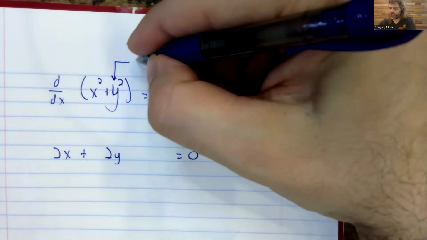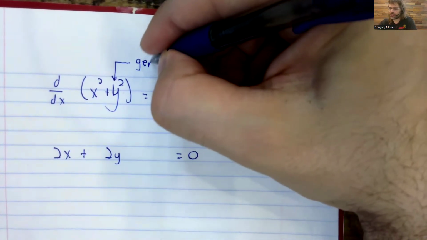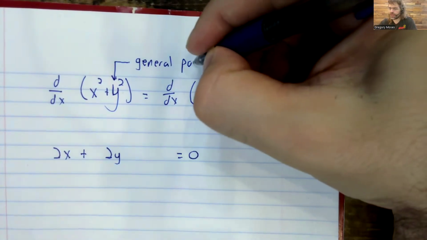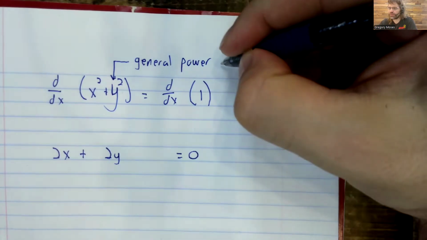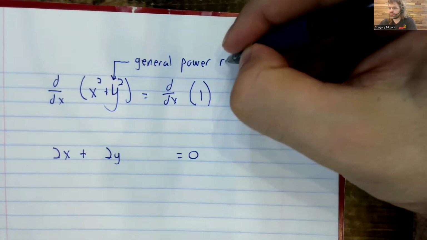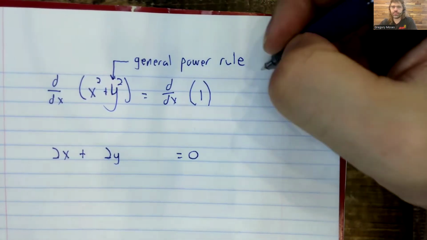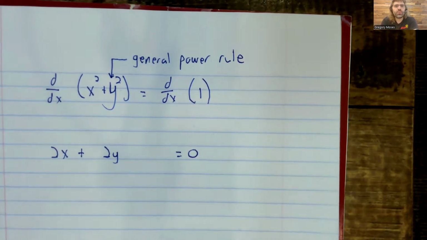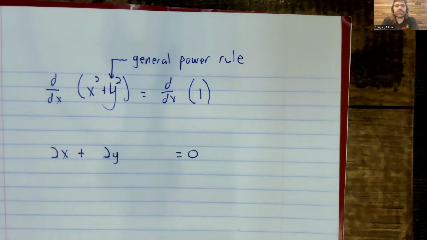If y is a function of x, and we have a function of x raised to a power, and we want to take its derivative, we have a tool for that, the generalized power rule.